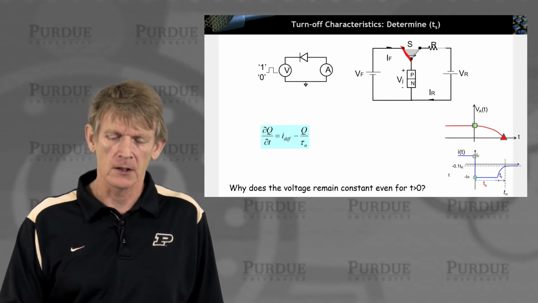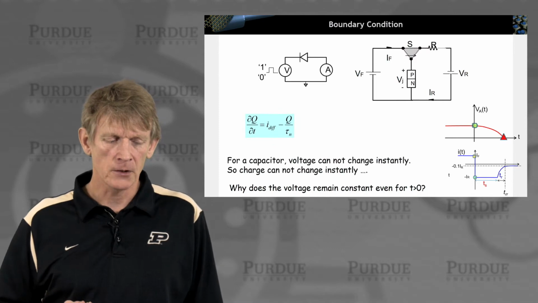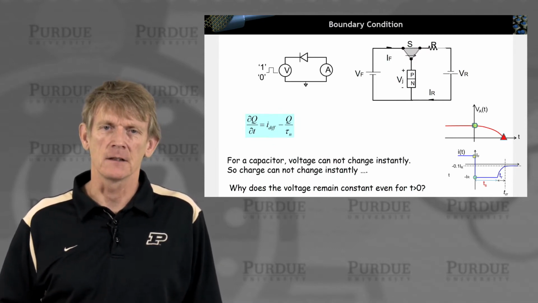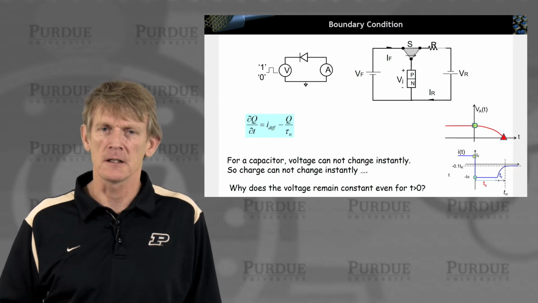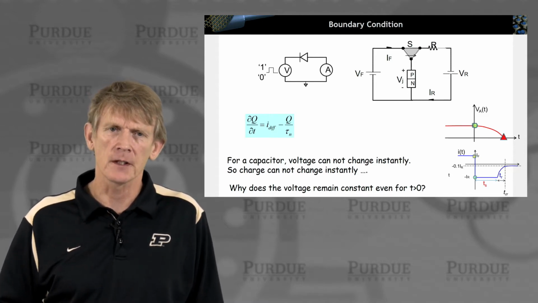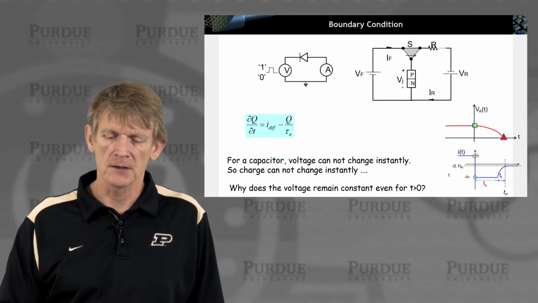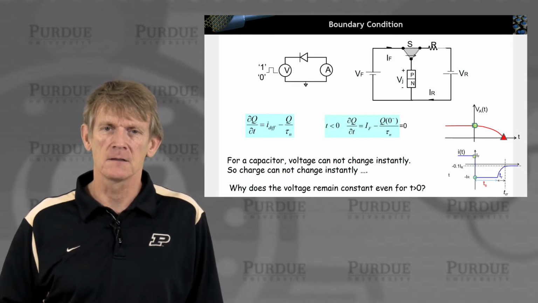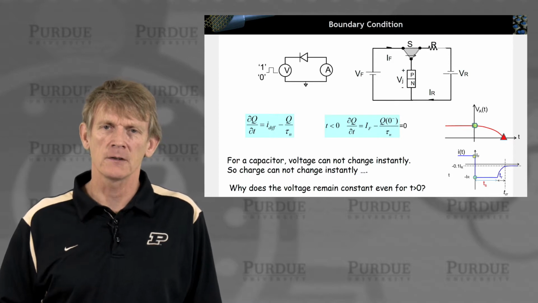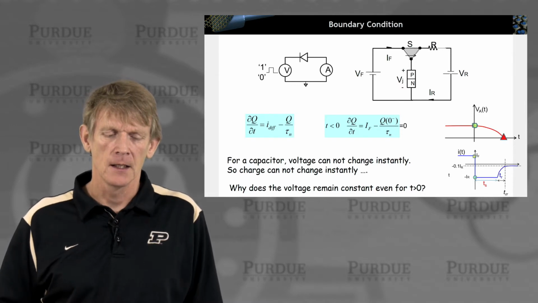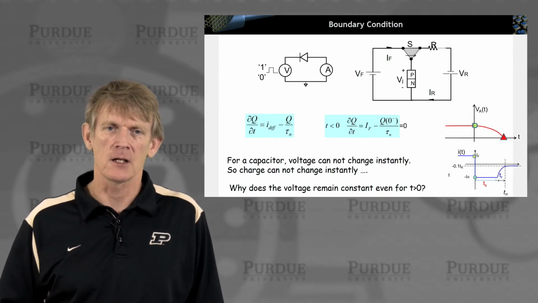Let's figure that out. For a capacitor, the voltage cannot change instantly, so we cannot change the charge instantly. Let's get the boundary condition for the charge. The assumption is that we've charged this diode up for a long time, and we are in steady state up to time equal 0 minus, and there is no change in that charge anymore.